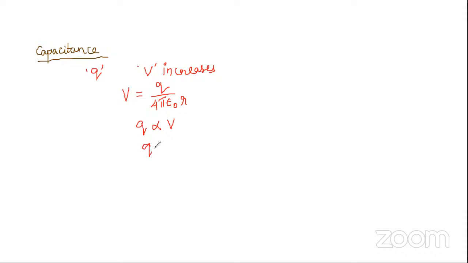When you replace this proportionality by a constant and put the equal to sign, you put C, where C is called the capacitance of the conductor. So Q equal to CV, that means C equal to Q divided by V. This is called the capacitance of the conductor.